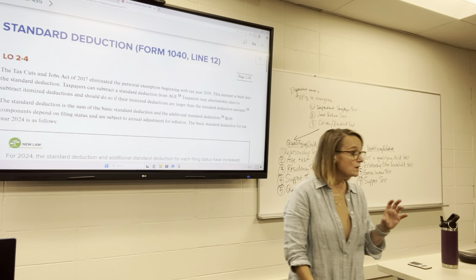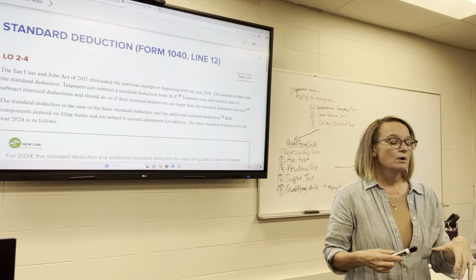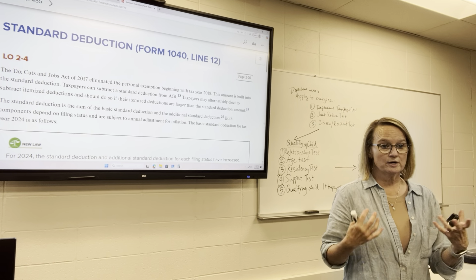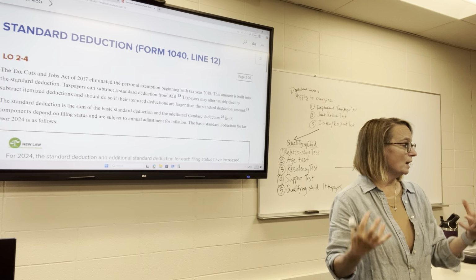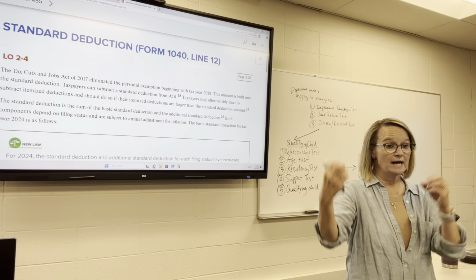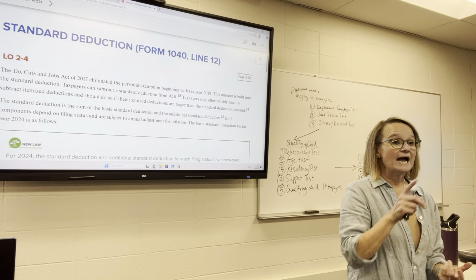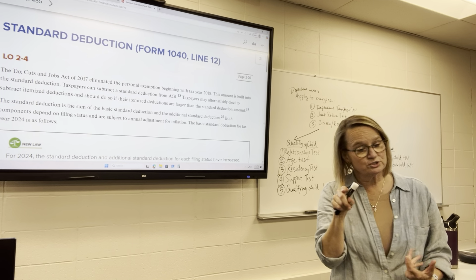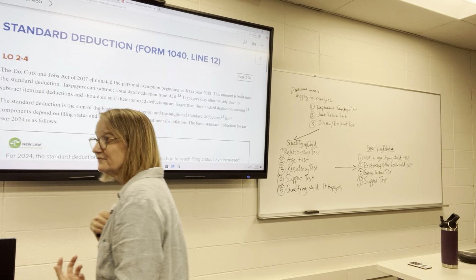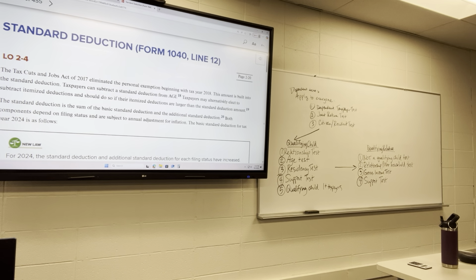Also, each state has their own rules with regard to how they calculate income taxes. So there are some states where it still makes sense to itemize all of your deductions, and you might itemize on the state, but not itemize on the federal. Iowa used to be that way until they just changed the tax law. So we've had a lot of tax law changes over the last few years.